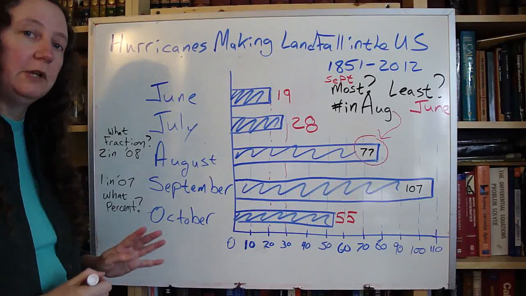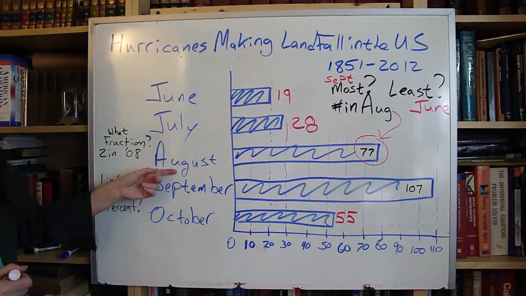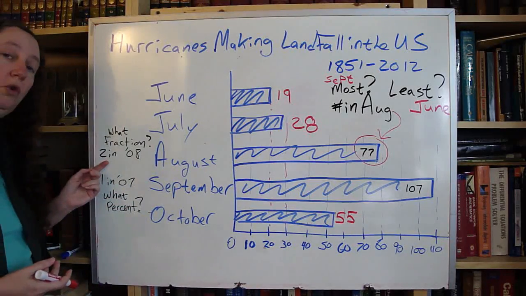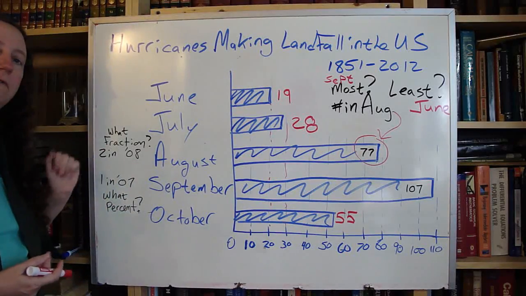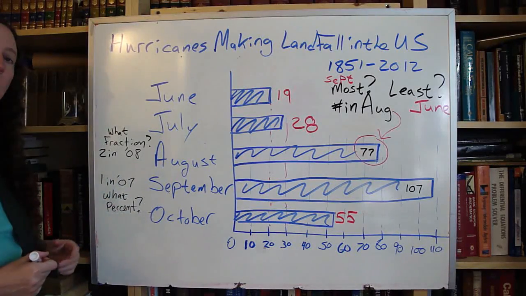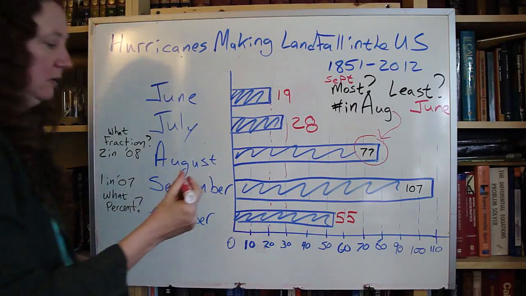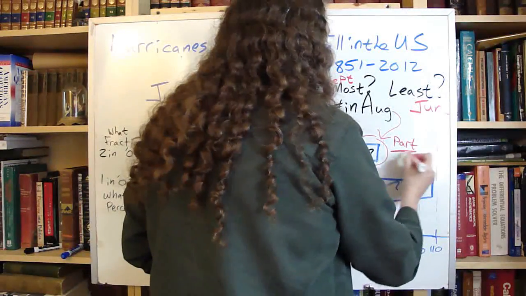The fourth question that they're asking us: of those hurricanes that made landfall in August, 2 of them were in 2008. What fraction is that? Well, that's where we're looking at the part over the whole. So I have my part, I have my whole.